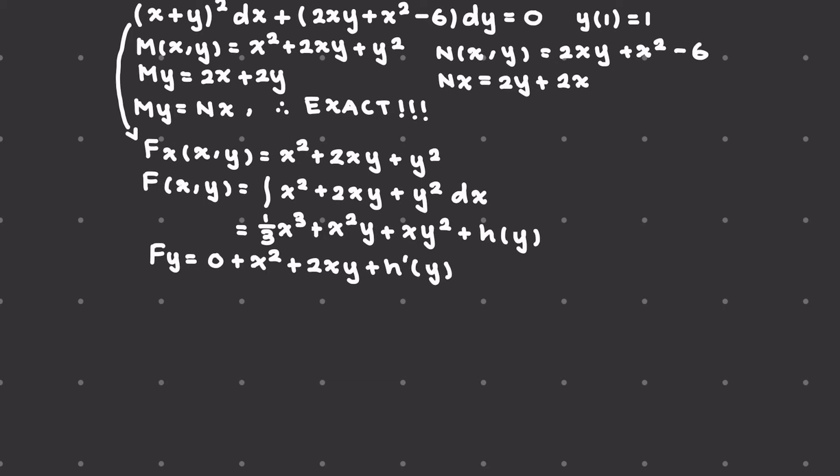And after taking the partial derivative of f with respect to y here, let's set it equal to our partial derivative of f with respect to y here, because they are both equal to each other since they're the partial derivatives of f with respect to y.